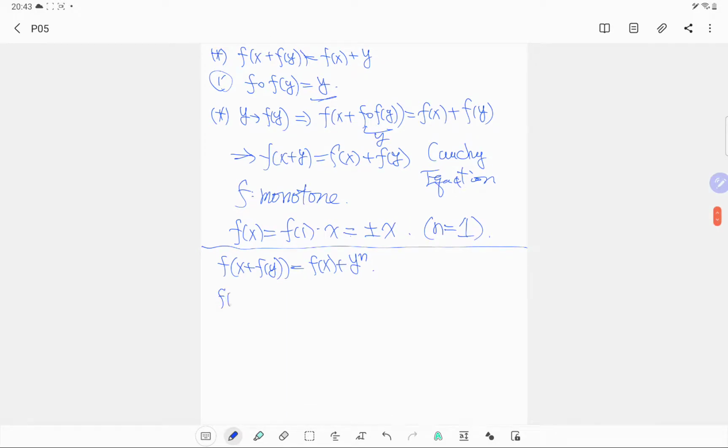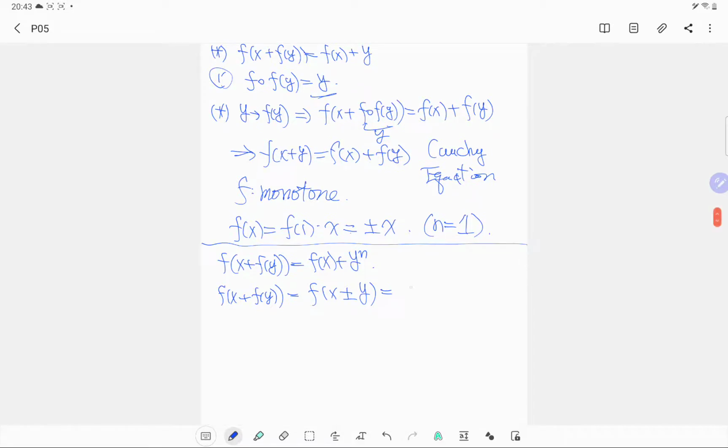So f of x plus f of y would be f of x plus or minus y. If it is positive, it will be positive. If it is negative, it will be negative. Yes.